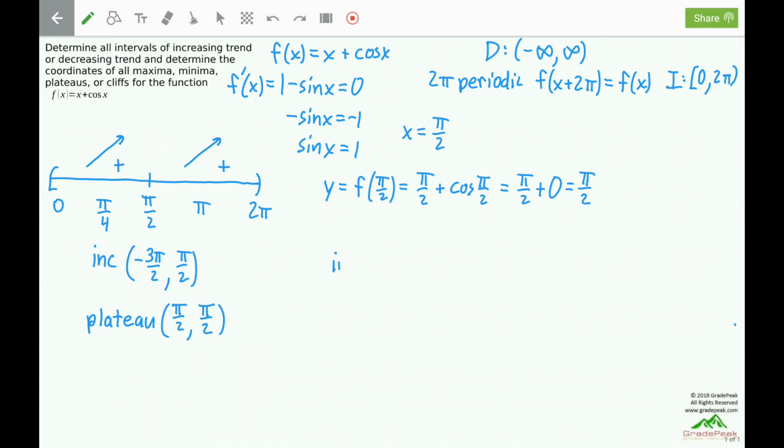So we have increasing intervals from negative 3 pi over 2 plus the period 2 pi times an integer n up to pi over 2 plus the period 2 pi times an integer n.